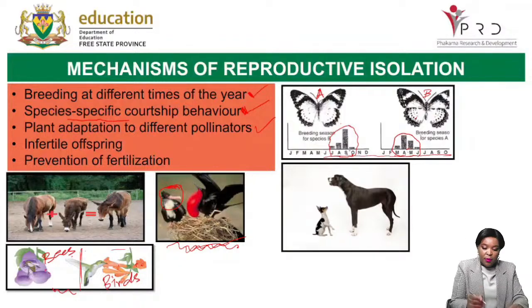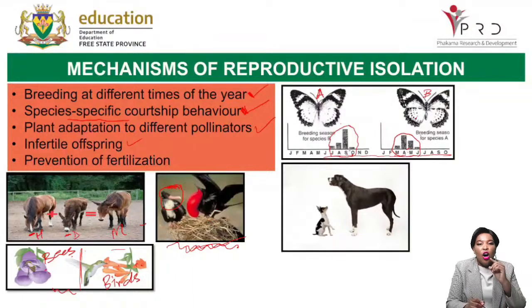You see? Then infertile offspring, you see there's a picture here of a horse and a donkey producing, okay, this is a horse, this is a donkey producing a mule. A mule is an infertile offspring. If you want to have a mule, the only way to get a mule is if you interbreed a horse and a donkey.